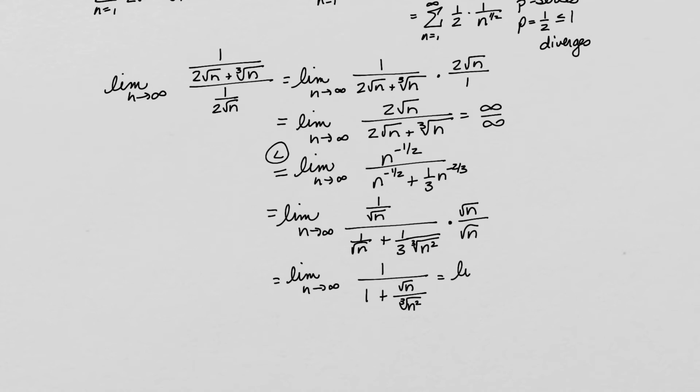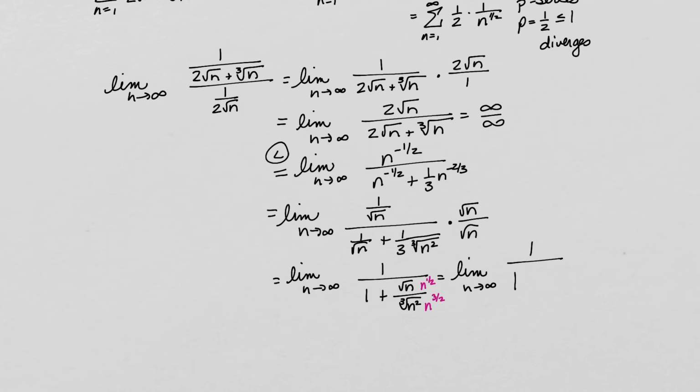And so that's really just the limit as n approaches infinity of 1 over 1 plus. So remember, this is n to the 1/2 power, and this is n to the 3/2 power. So we have 1/2 minus 3/2, which is -2.